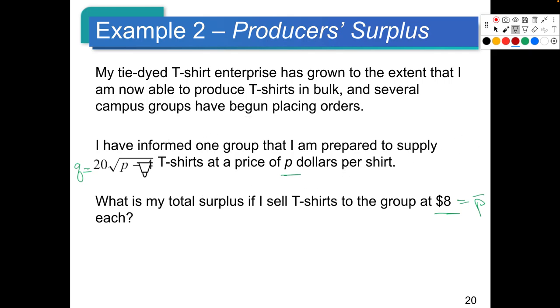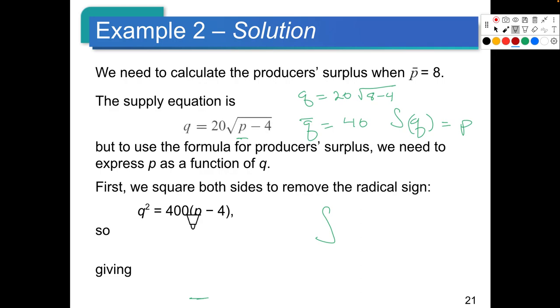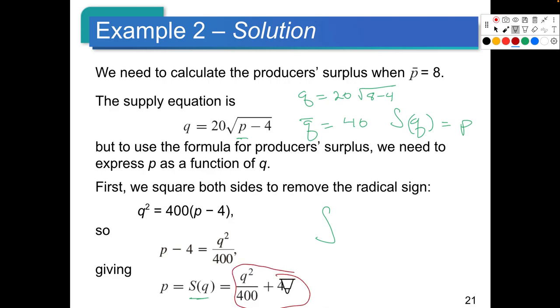But this one, the first part's easy. When they give you the P, you just plug it in and you get the Q, right? But the function you're going to use, you've got to solve for P so that you get P equals some function of Q. And when they do that, this is the function that we're going to integrate.